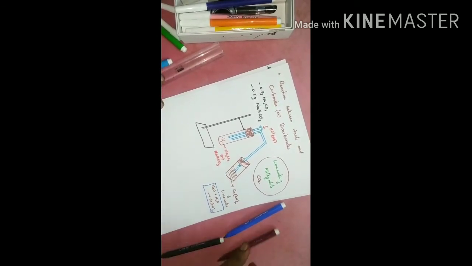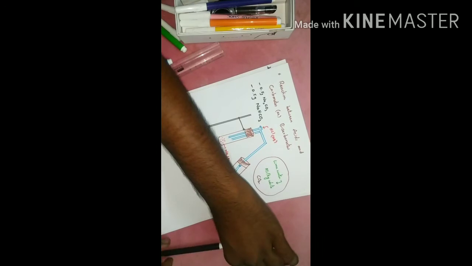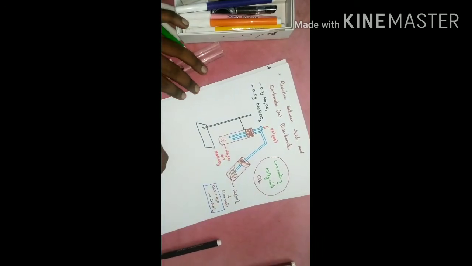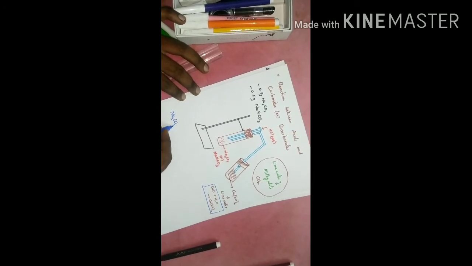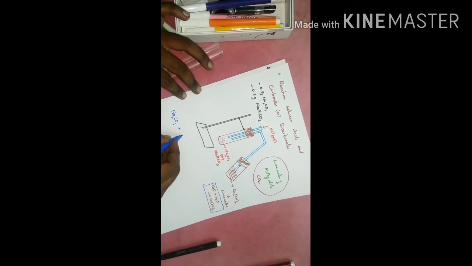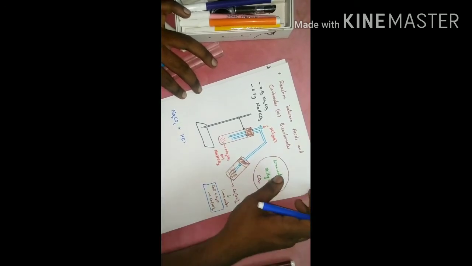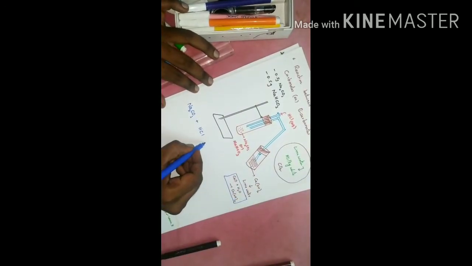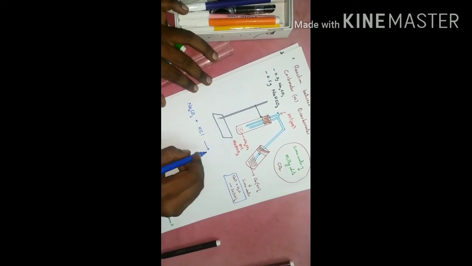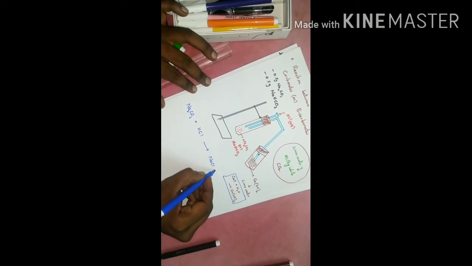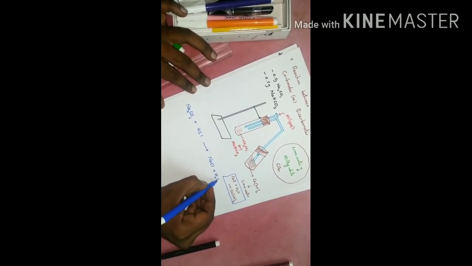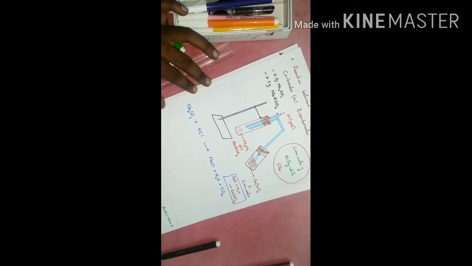So then you can understand what reaction has taken place here. Here Na2CO3, sodium carbonate, when it reacts with HCl, then we are getting NaCl plus H2O plus CO2, carbon dioxide.